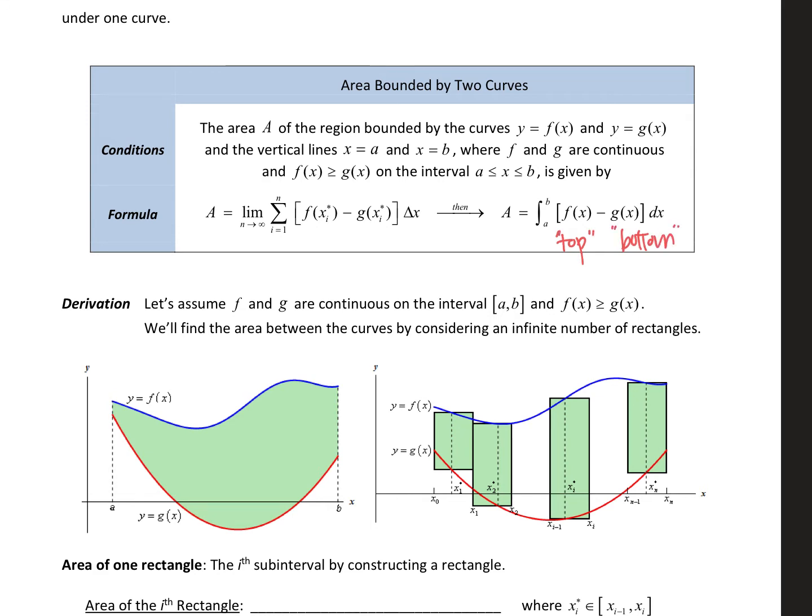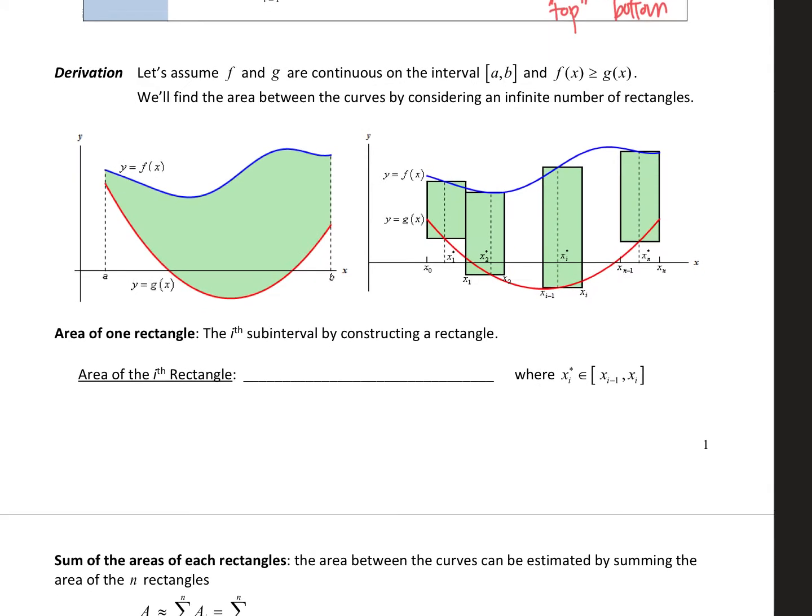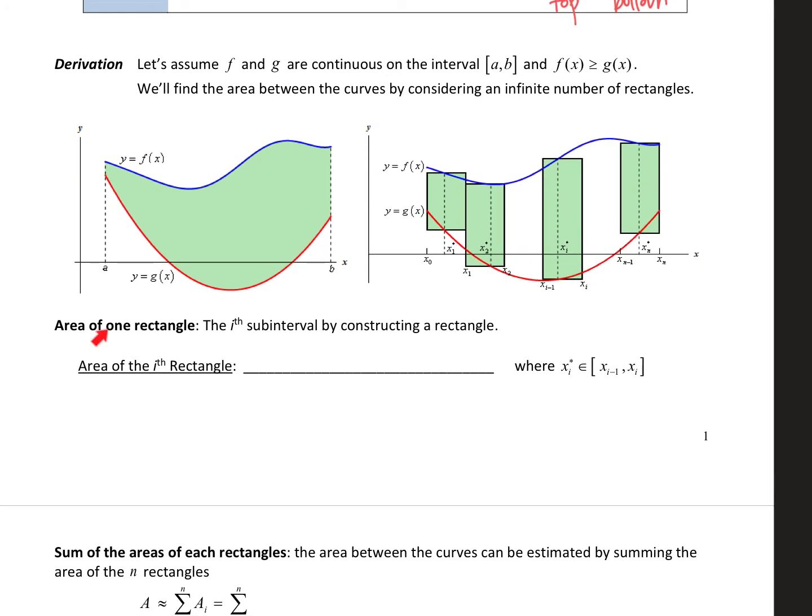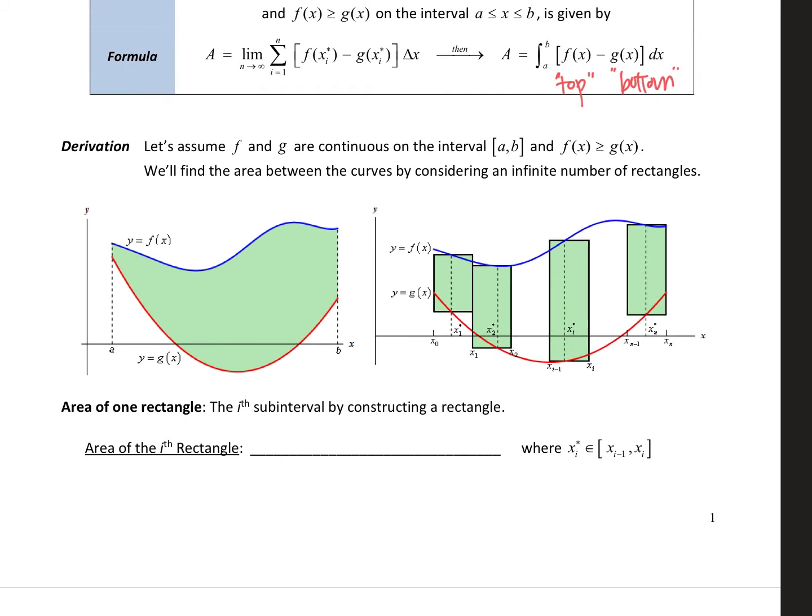Okay, let's see how that came about. The way we came up with that formula is that we go through the same process. If you look at one rectangle, we find the area of one rectangle, and then we have a bunch of rectangles and let n go to infinity. So take the area of one rectangle, the ith subinterval.